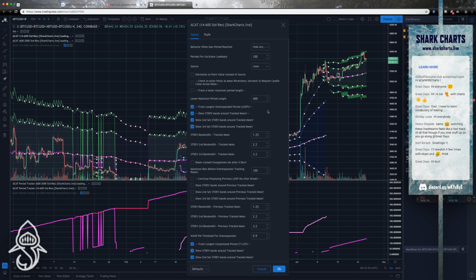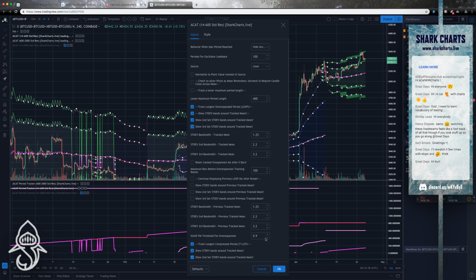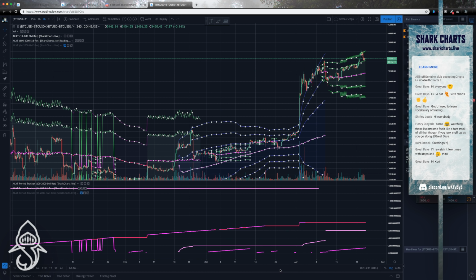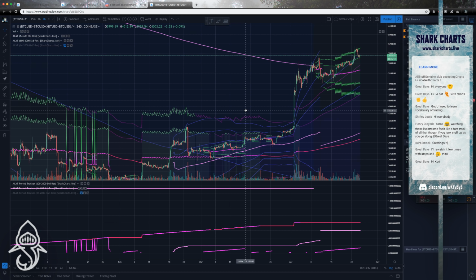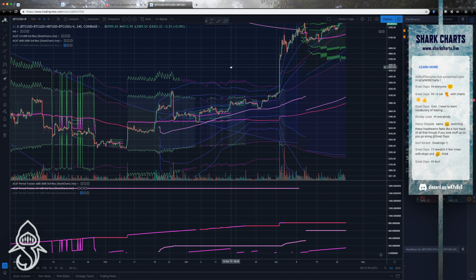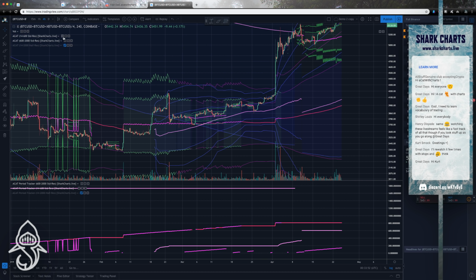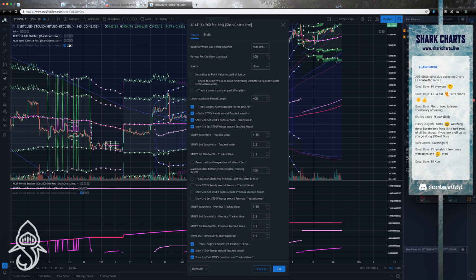So it turns out that the 2.2 and 3.2 standard deviations of these otherwise important periods also tend to be important pivots, particularly the 3.2, and I'd say particularly for compression on shorter time frames. 2.2 on higher time frames, you can see with Bitcoin, seems to be quite relevant.